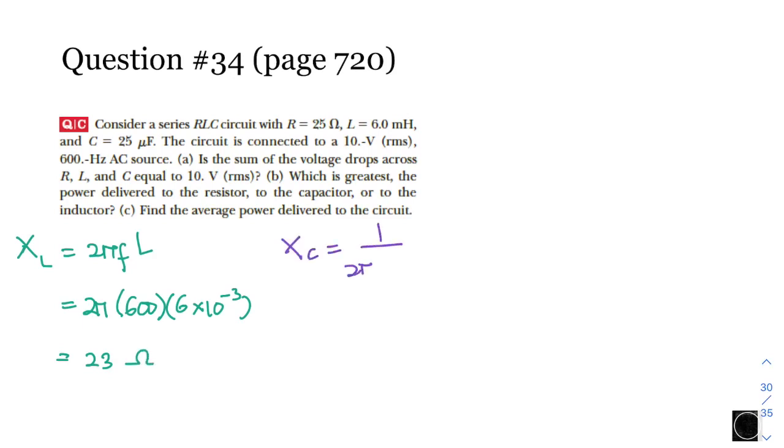For XC, it's 1 over 2 pi F C, 1 over 2 pi times 600 times 25 micro, which gives you 11 ohm.